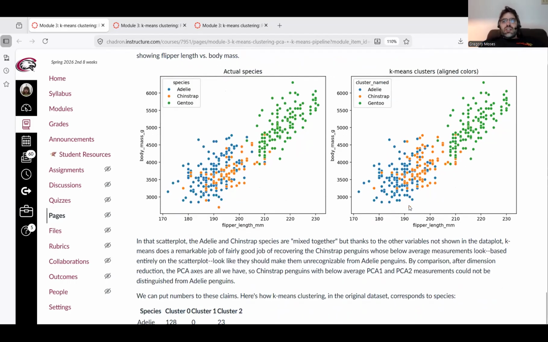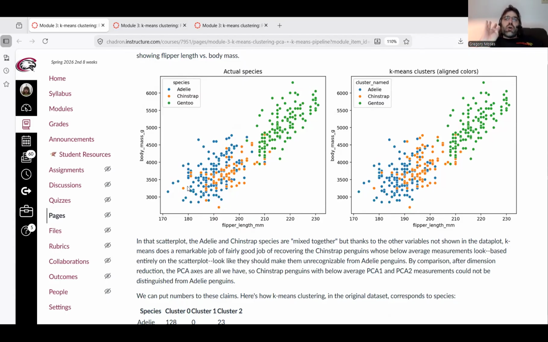And the reason that happens is again that there are really four dimensions. So you might look at this point here and you might say, well, this point is surrounded by Adelie. So surely the clustering algorithm is going to put it into the Adelie cluster, but that doesn't happen. It's put in the Chinstrap cluster. And that's because this is only surrounded by Adelie in these two dimensions.